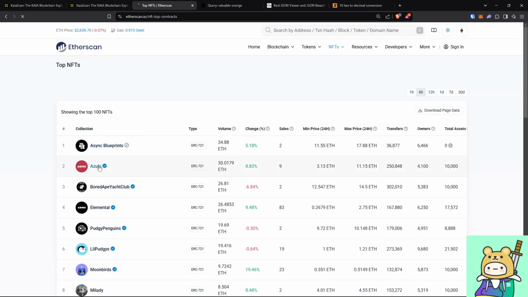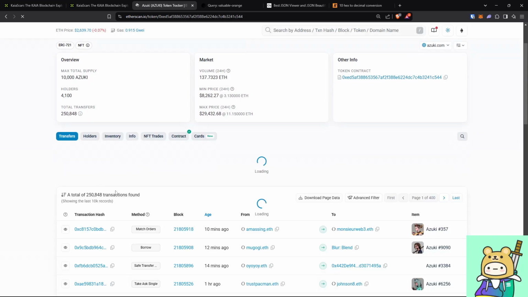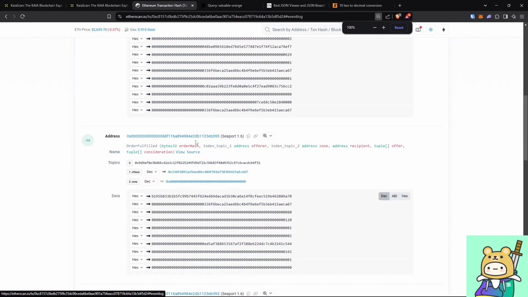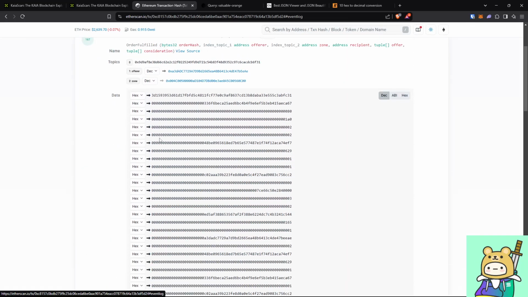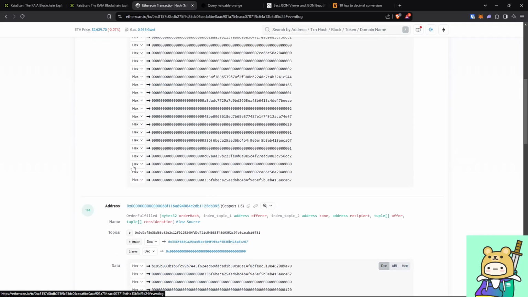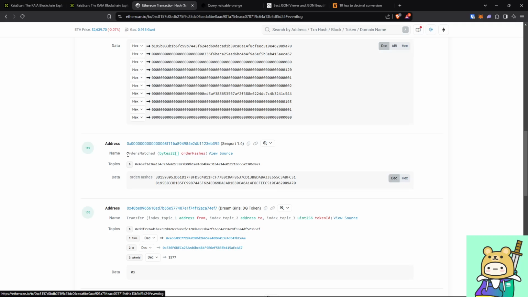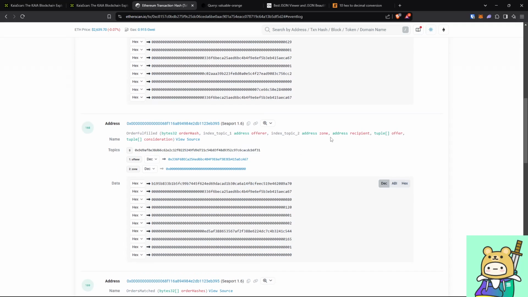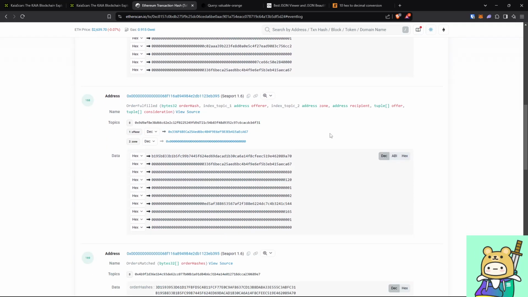Yeah, see, this is what I meant by how it's similar to Seaport, because it does have the orders match thing. Just that the topics don't match, so that means they changed something. They changed the event name, or they changed the type. Probably event name, now that I think.